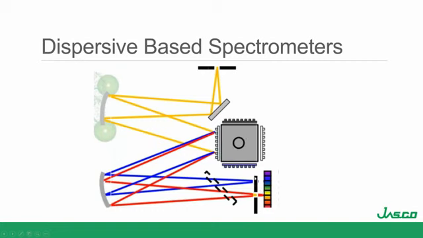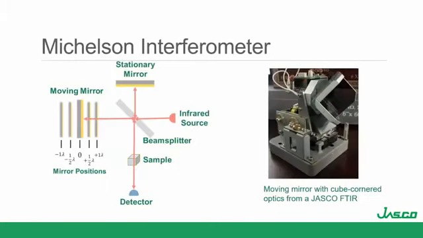As that grating moves, you change the wavelengths. These were used because it was a simpler operation. Once computers came around, we started doing FT-IR, because the computer can actually do the Fourier Transform, which I'll talk about in a little bit.